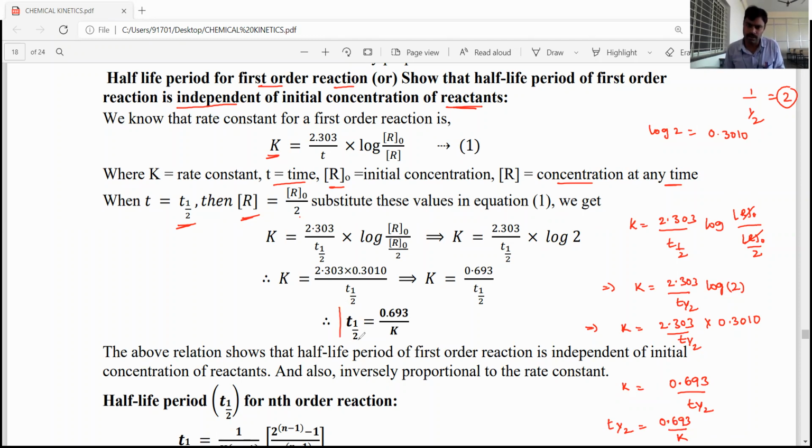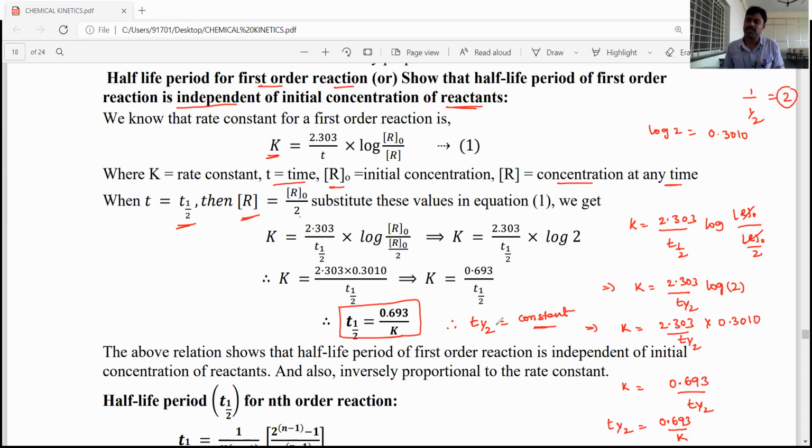So the half-life period for first order reactions is equal to 0.693 by K, where K is the rate constant, the integrated rate constant for a first order reaction, and 0.693 is also constant. Therefore, for a first order reaction, t half is equal to a constant only. It does not depend on the concentration of a reactant.